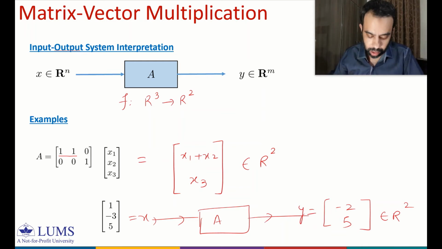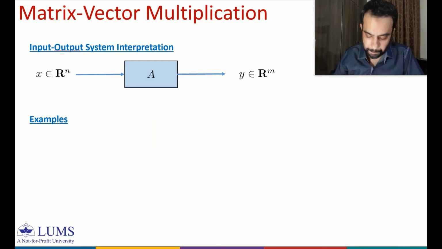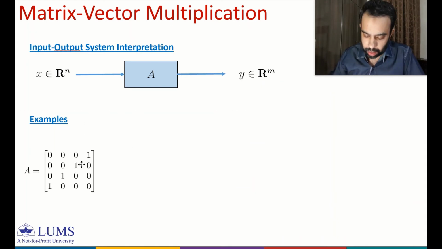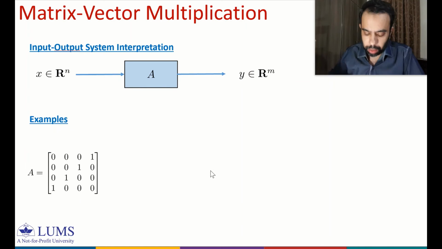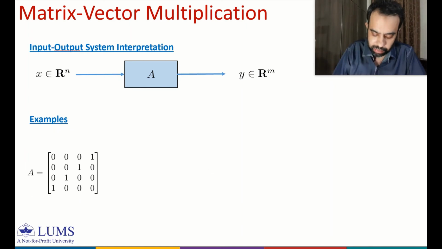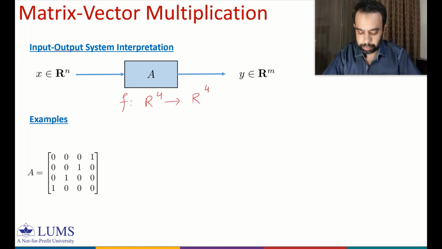So let's take one more example. How do you see this matrix A? So this matrix has 4 rows, 4 columns. You can say the system interpretation is that it maps from R4 to R4.